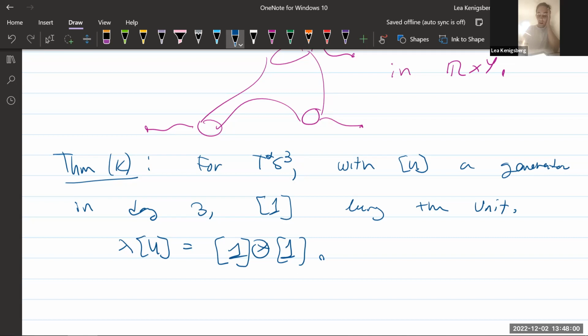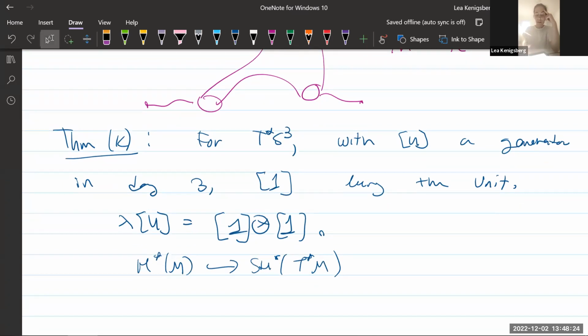So you can think about 1 as generated by, you have this PSS map from H star of M to SH star T star of M, and you can think about the unit as generated by the fundamental class of M. And this tells you that this coproduct actually knows about the constant orbits, and it remembers information about the filling. Okay, I'll stop here.